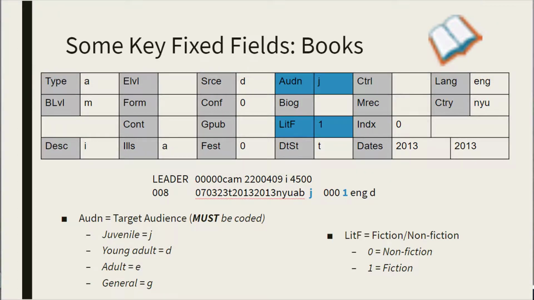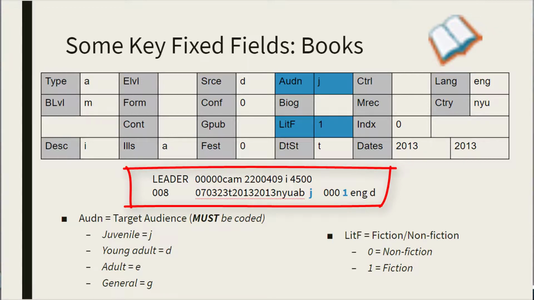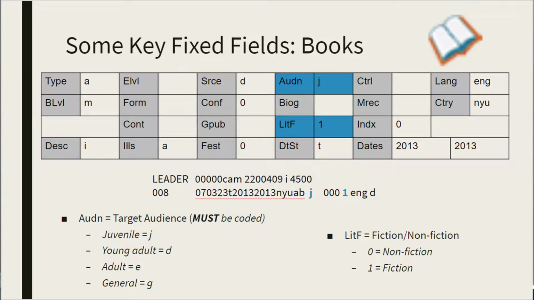Or if you prefer, and it's faster, you can look at the leader and 008, and I'm showing you in both of these where you can find this information. So these are the same thing, the grid and the leader 008 combination. Same exact information. So two key things.